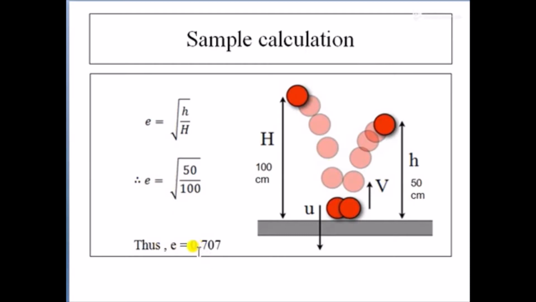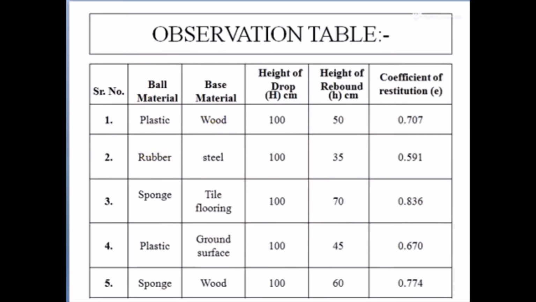So here the coefficient of restitution for this kind of impact of the plastic ball on a wooden surface is 0.707. This kind of conclusion can be derived based on different types of ball material and different types of base material.